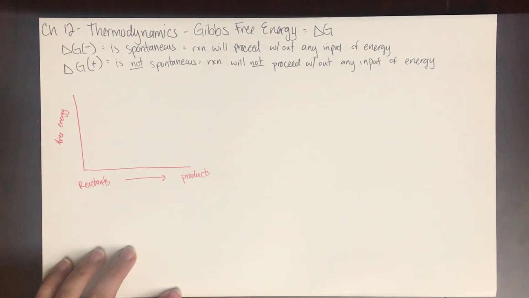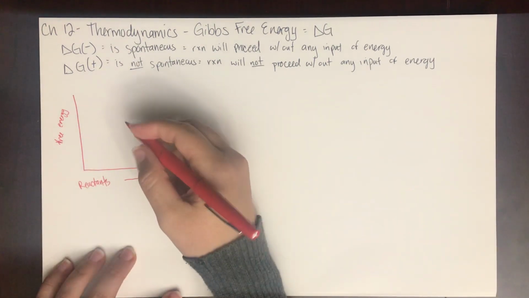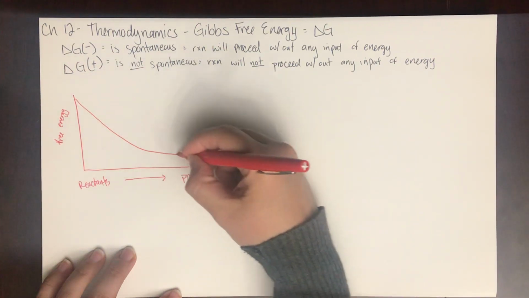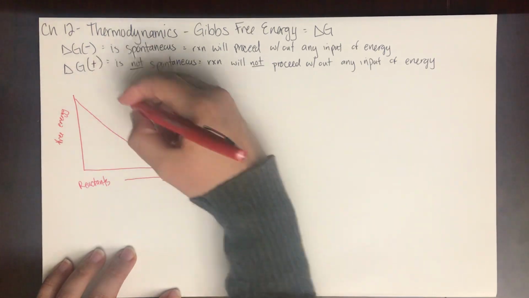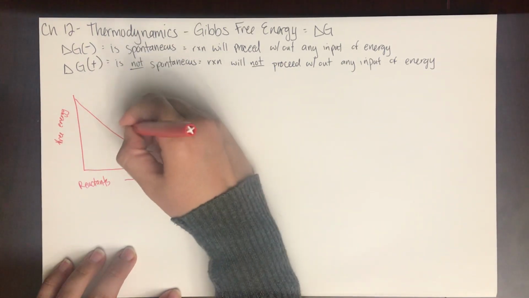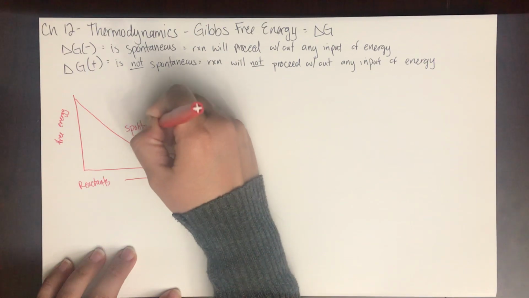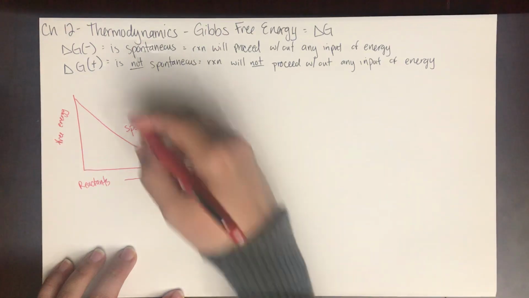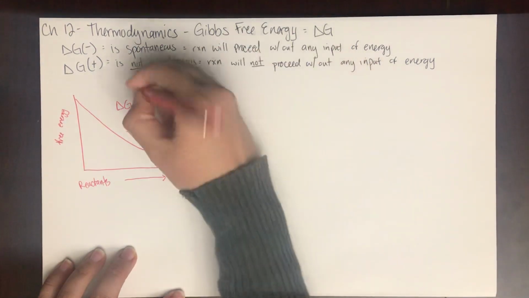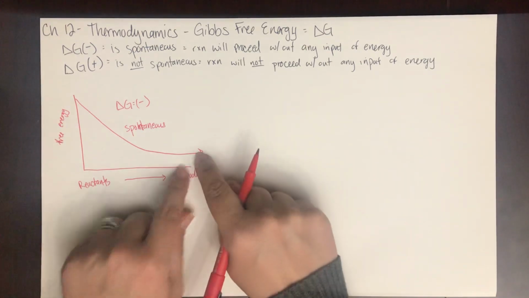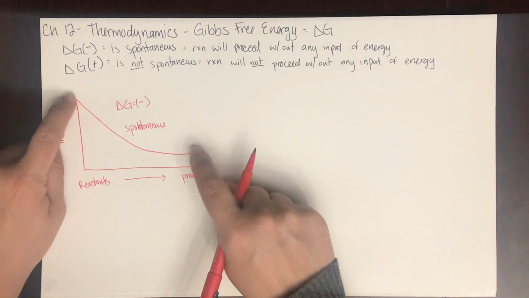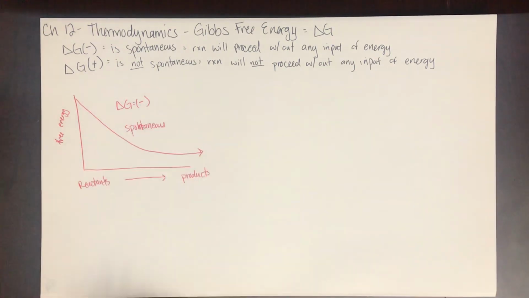If this is a spontaneous reaction, then the energy of the reactants is up here and the energy of the products is down here. And the delta G here would be a negative number. It would be whatever this value is here, a smaller number, minus this number here, a bigger number, which would give you a negative number. If delta G is negative, then this is a spontaneous reaction.